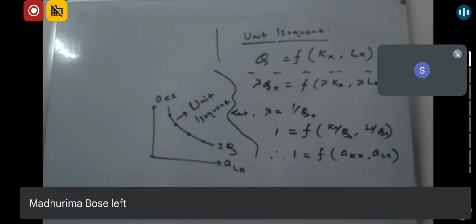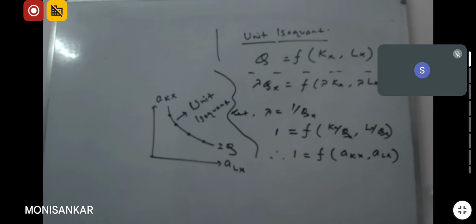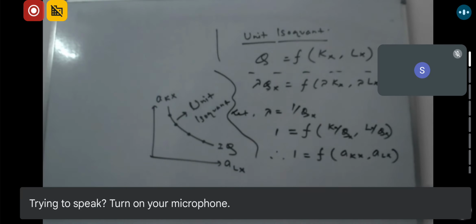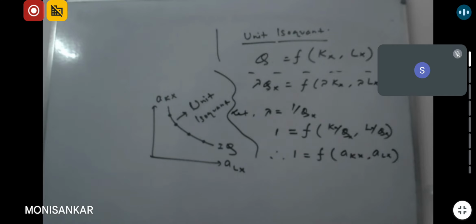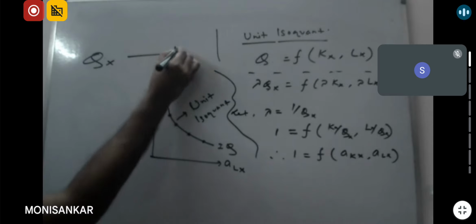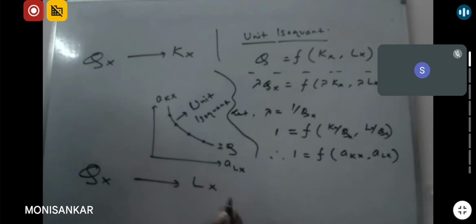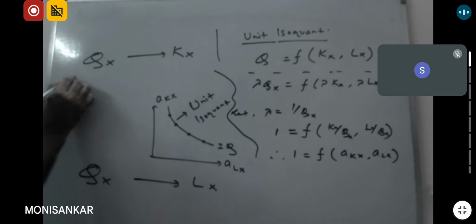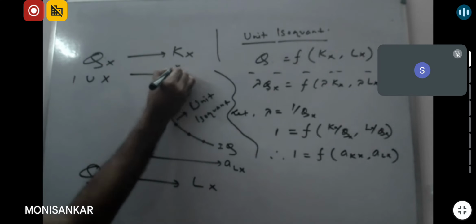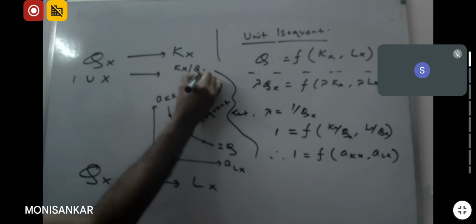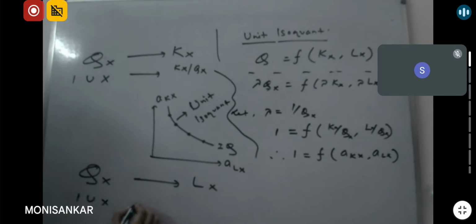Now why akx and alx? What is your akx? It is the amount of capital to produce 1 unit of x, and alx is the amount of labor to produce 1 unit of x. So you produce qx amount of output by using kx amount of capital, and qx amount of output by using lx amount of labor. To produce 1 unit of x, your capital requirement is this, and your labor requirement is this.